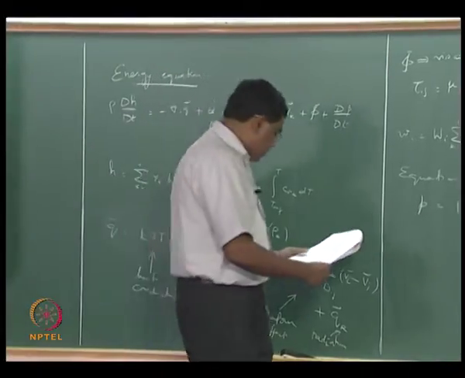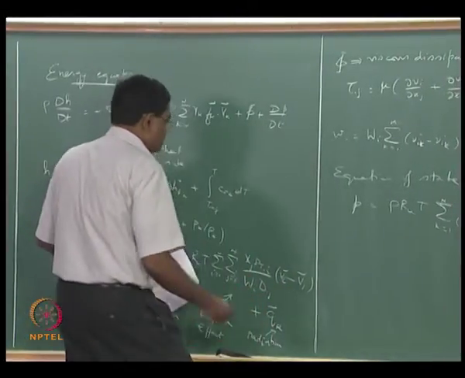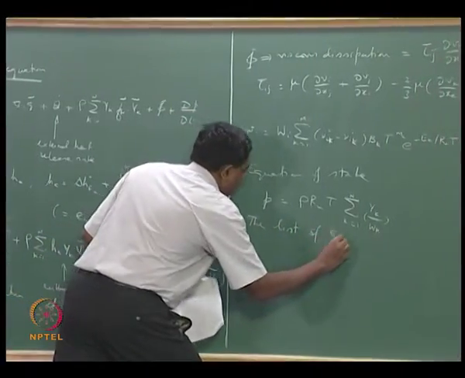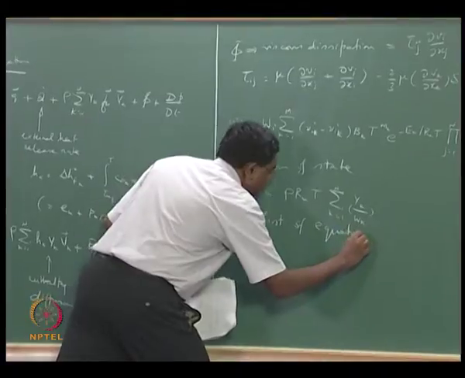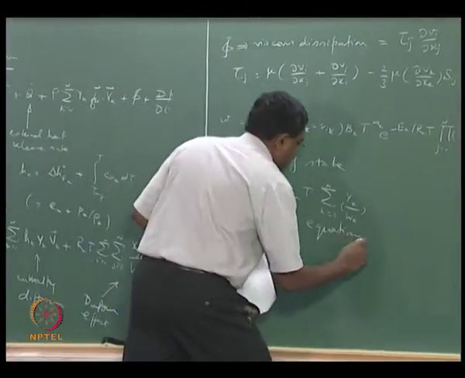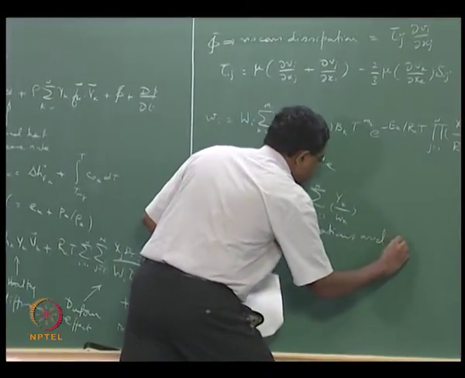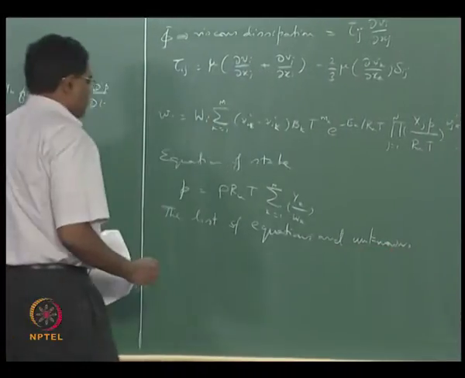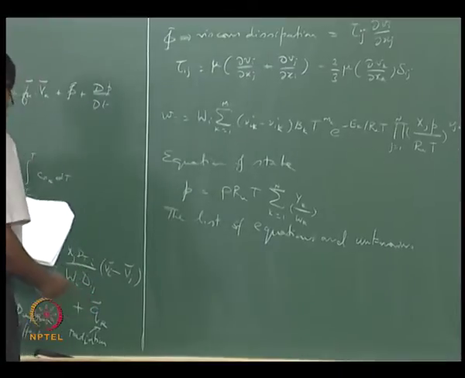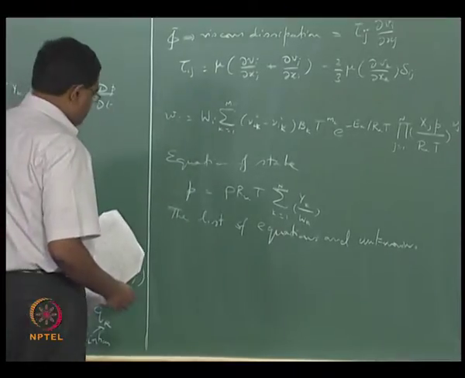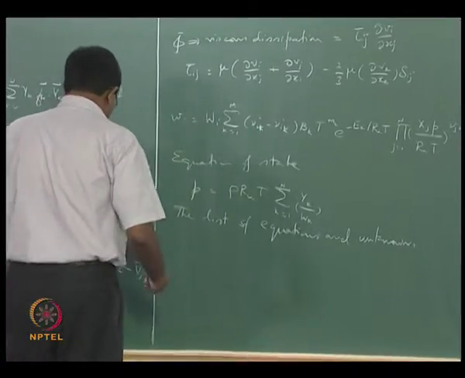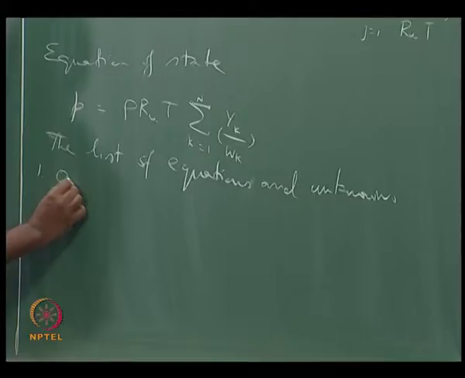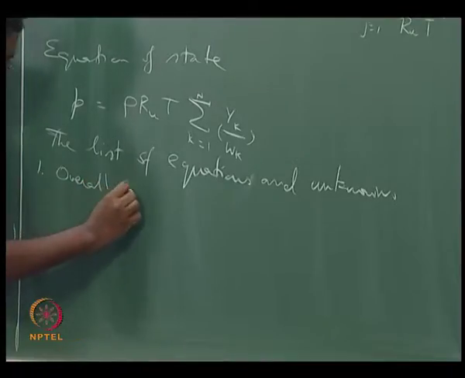So, the list of equations and unknowns. One, the first thing that we have is the overall continuity equation.